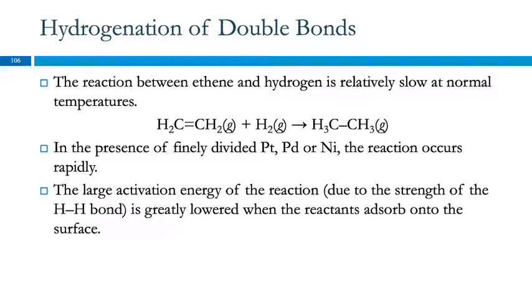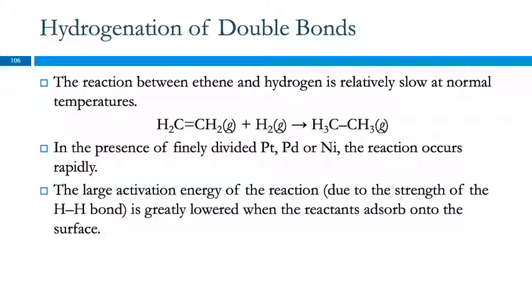Okay, on to something a little more down to earth. The reaction between ethene and hydrogen is slow at normal temperatures. So ethene has 2 carbons with a double bond, and this can react with hydrogen to form ethane. So this hydrogen molecule, 1 hydrogen is added to each carbon, and that double bond is broken.